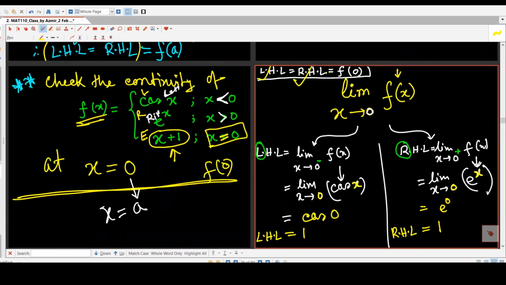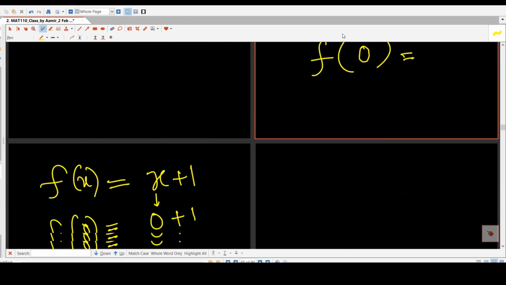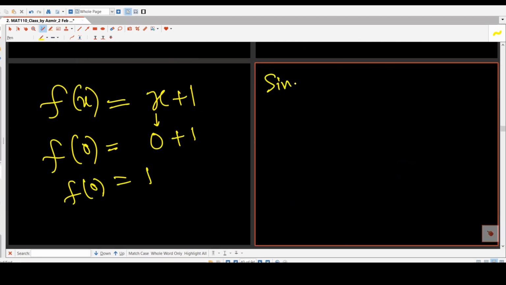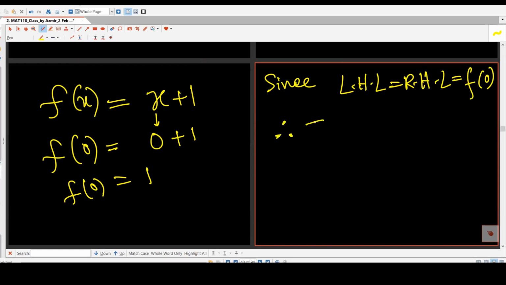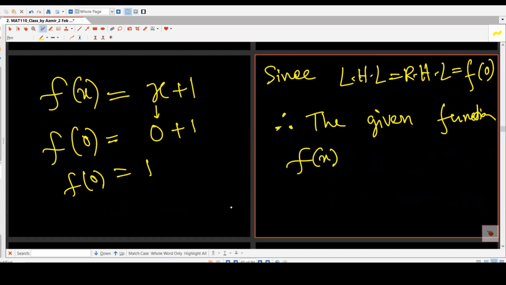Left-hand limit, right-hand limit and functional value at 0 are the same. So since left-hand limit equals right-hand limit equals functional value at 0, the given function f of x is continuous at x equals 0.